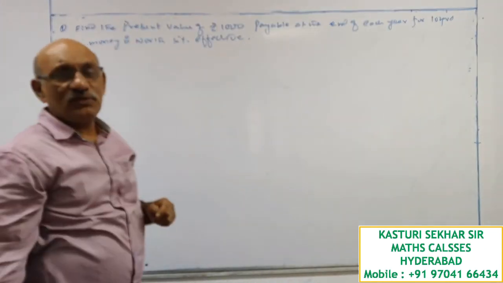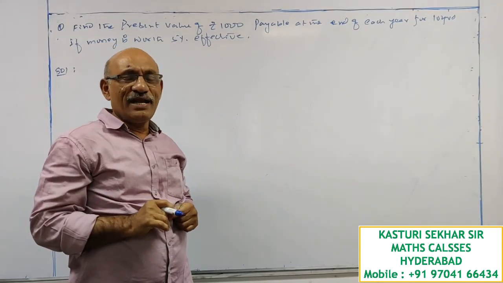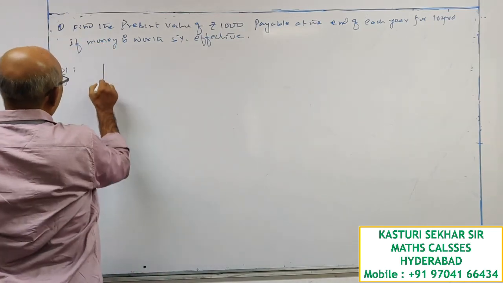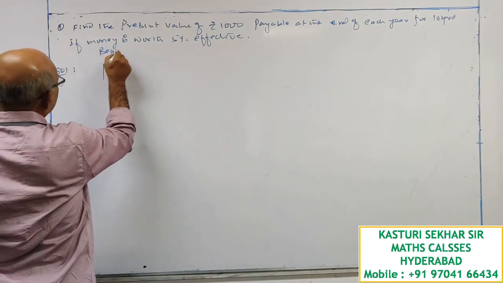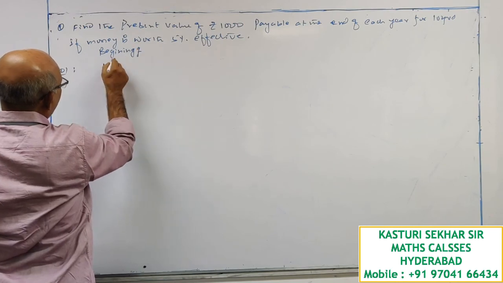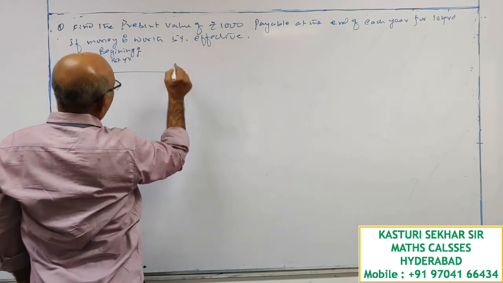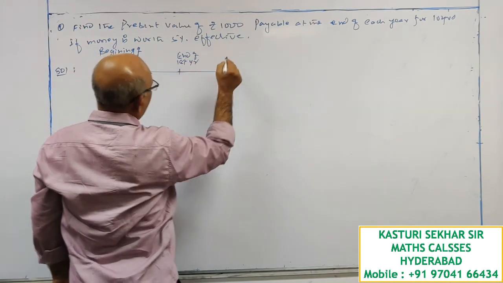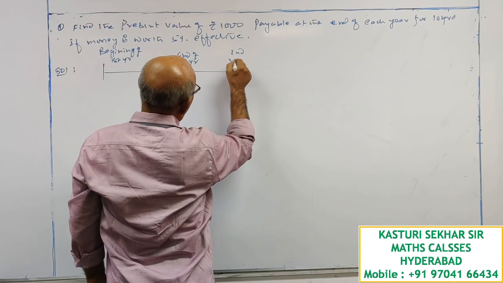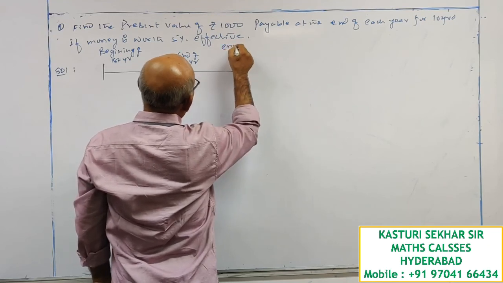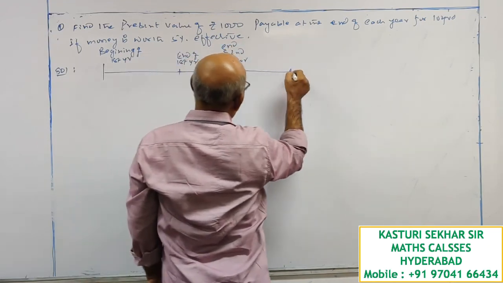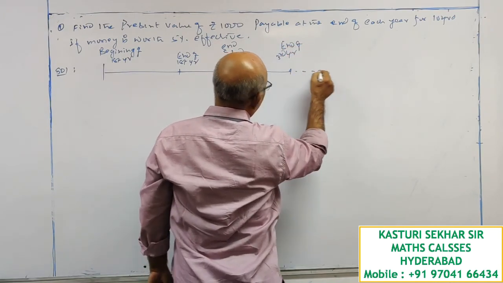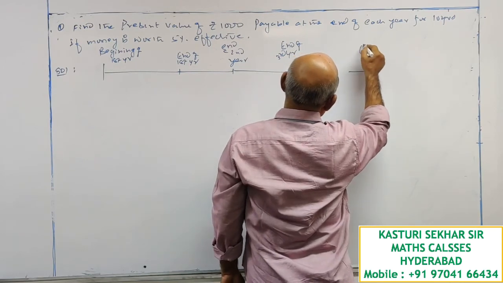For 1-2 problems, I will represent it on a time scale diagram. After that, I'll use that formula straight away. This is beginning of first year, end of first year, end of second year, end of third year, end of 10th year.